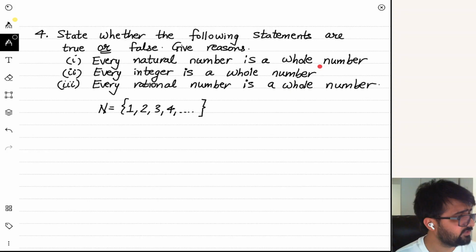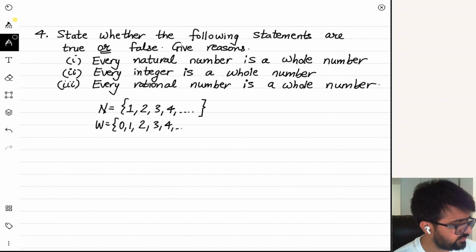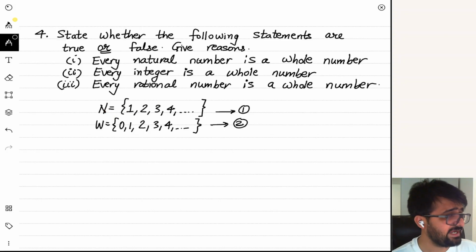We know whole numbers are the numbers starting from 0: 0, 1, 2, 3, 4, and so on. Let's say this is equation 1 and this is equation 2. If you just add 0 to the set of natural numbers, we get a set called whole numbers.